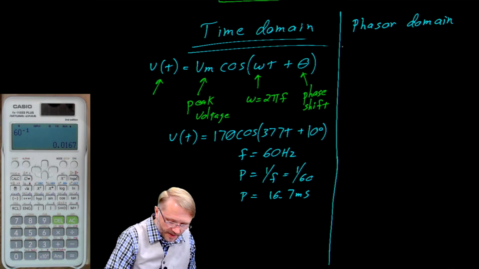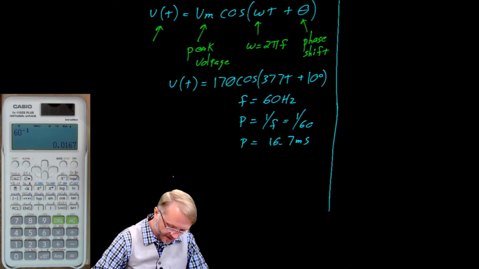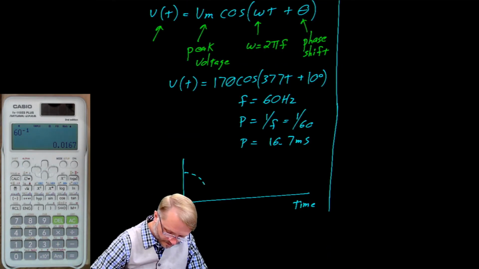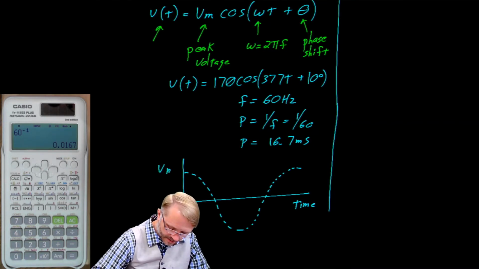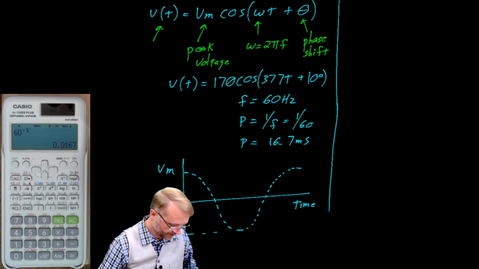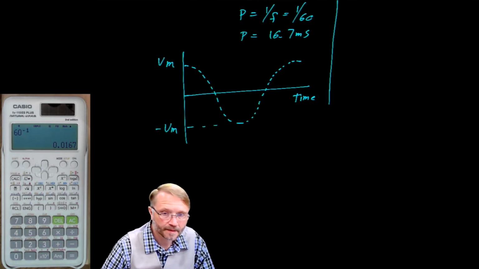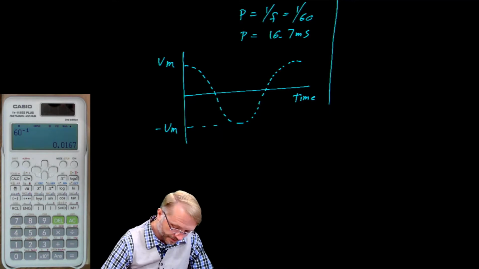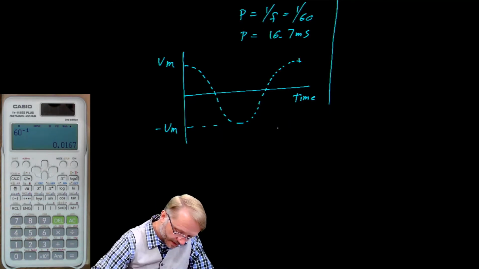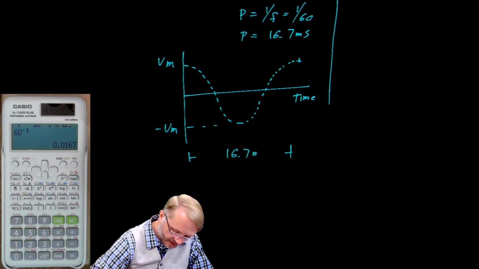Our time domain plot would look something like this, where this is maximum voltage, and this is negative Vm, hidden behind my head. The period from here to here would be 16.7 milliseconds.